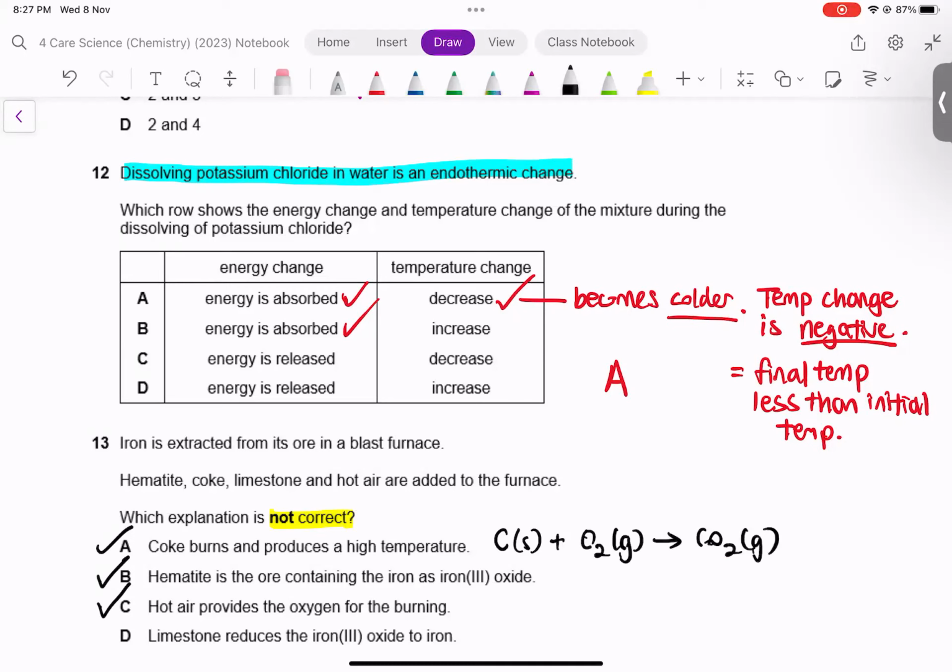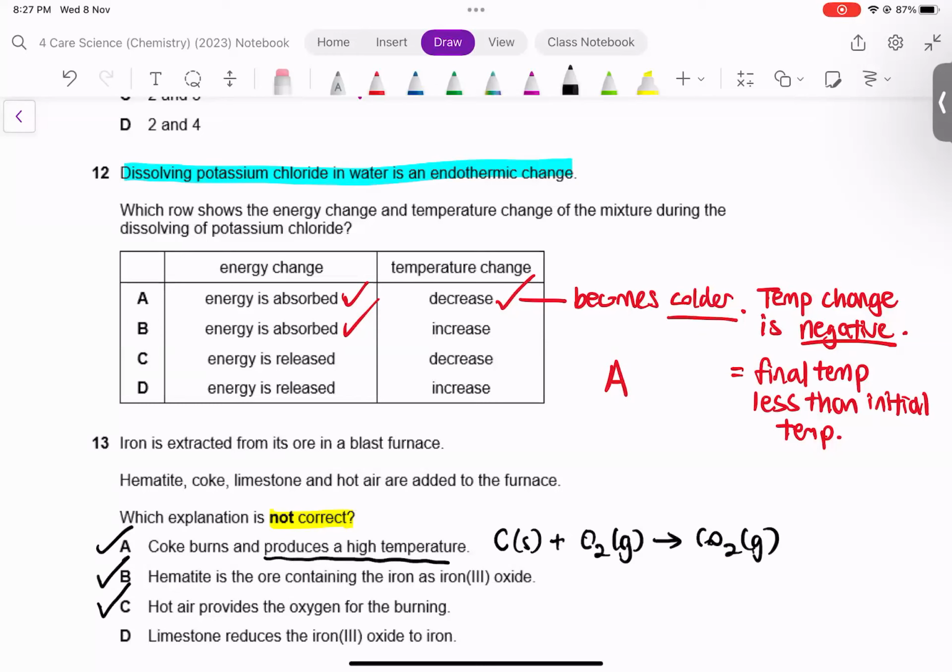Now, this reaction produces carbon dioxide, which is again needed to produce carbon monoxide, right? Which is the reducing agent for the blast furnace. So this reaction is needed to produce CO2. The CO2 then reacts with excess coke to produce CO, which is the main reducing agent in the blast furnace.